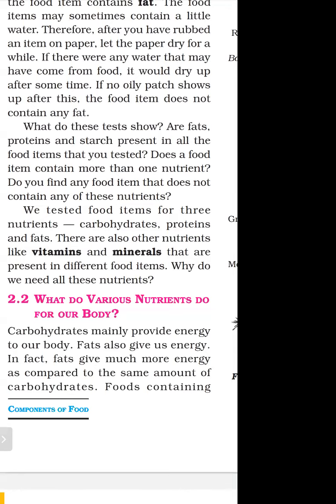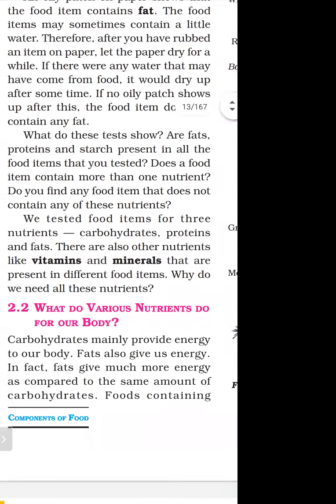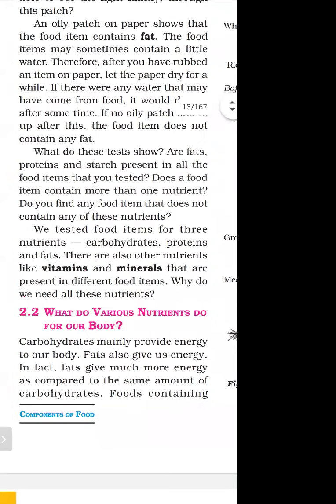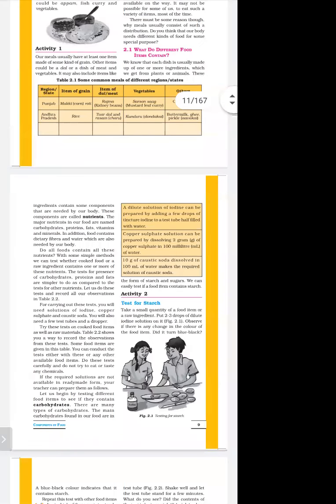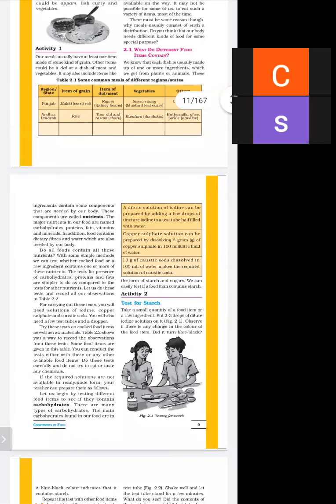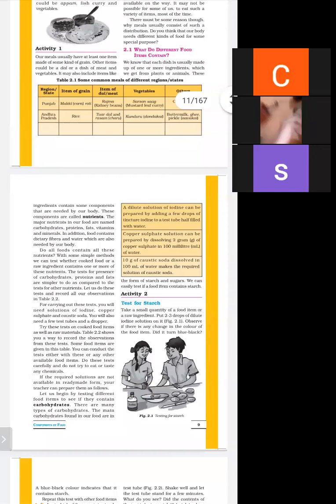So we studied about the components of food. The first component is protein, and protein is called body building food.